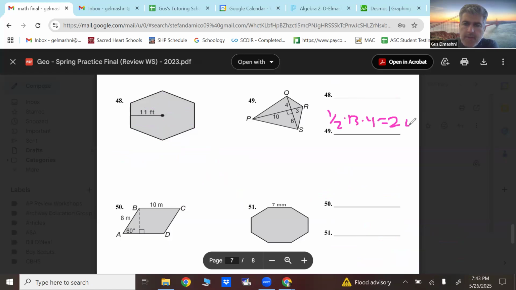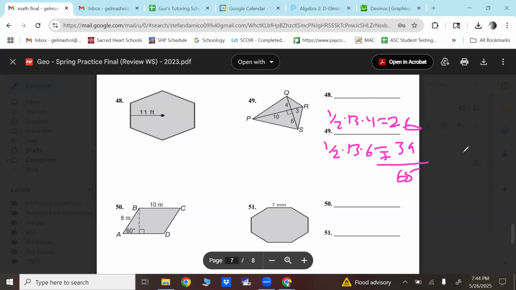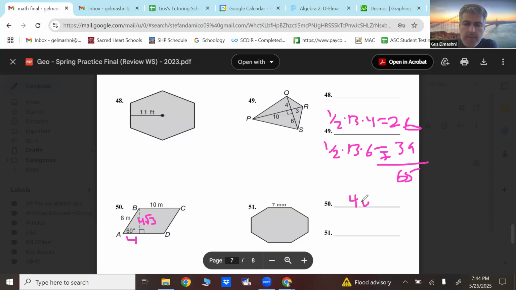It's 26. 1/2 times the base is 39. So that's 65. Okay. So that's 4 and 4 root 3. So that's 40 root 3.